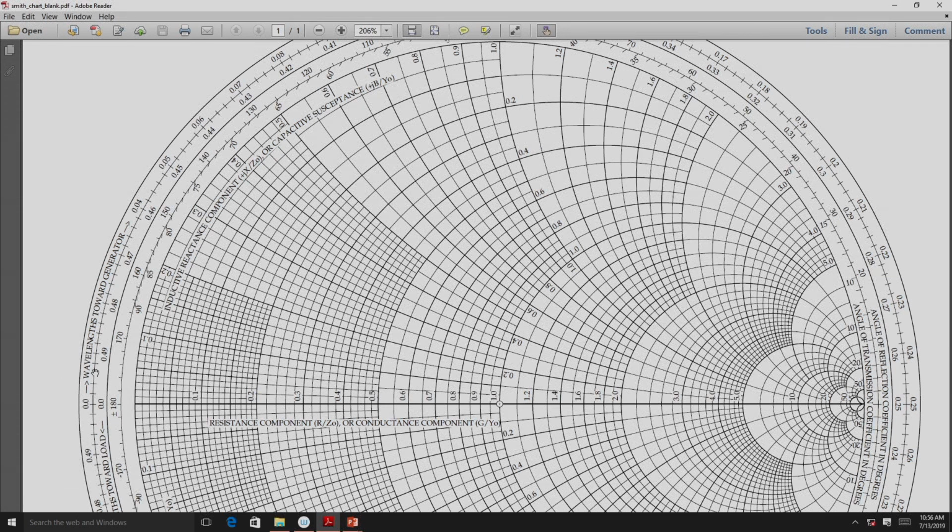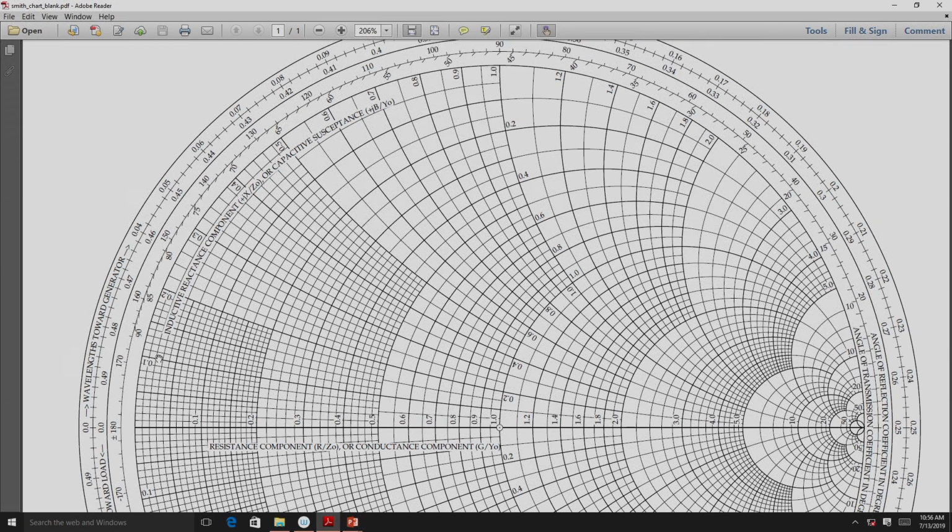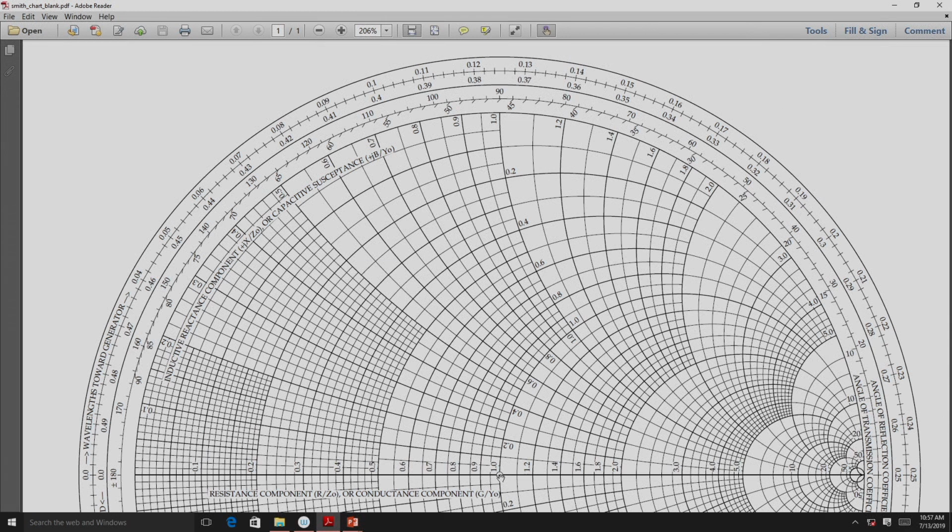Now, here you can see the markings are wavelength toward generator. So, for any clockwise movement, essentially it is wavelength towards generator. We move from the load towards the generator, and if you draw a line from the center of the Smith chart intersecting these circles, then the wavelength that has been covered can be read directly.